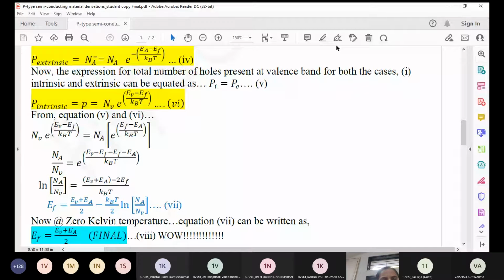Sandeep, may I know what is Ev and EA? Sandeep Yadav, do you hear me? Riddhi Bhojani? Riddhi, please unmute yourself. Give me the answer.